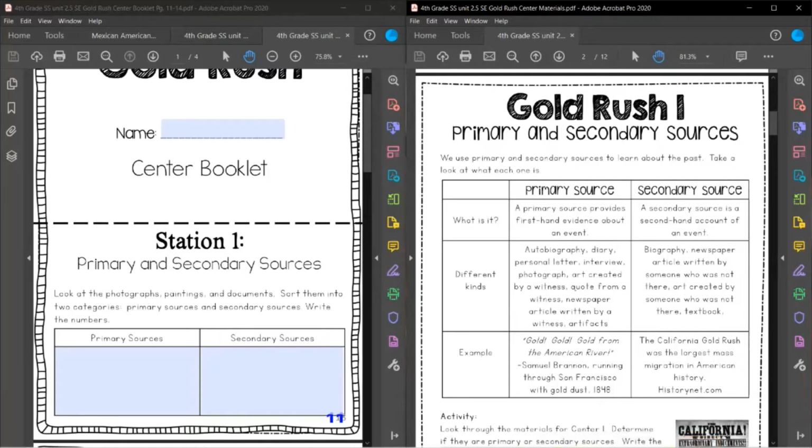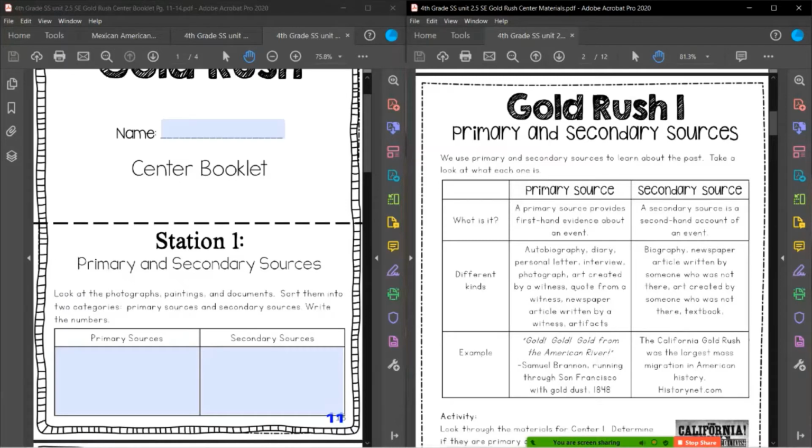So a primary source provides firsthand evidence about an event, and this can be an autobiography that somebody wrote about something that happened during their lifetime, diary entries, personal letters, interviews, photographs, pictures, any art that was created by a witness, so someone who watched it happen, a quote from a witness, a newspaper article that was written by a witness, or any kind of artifact from that time period.